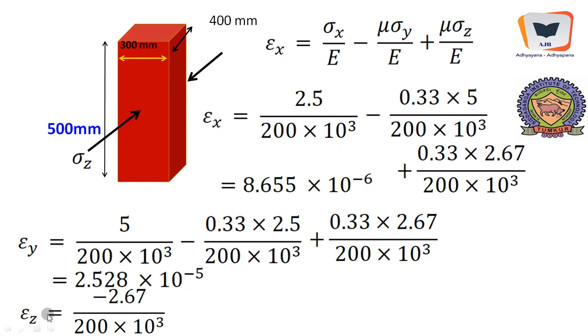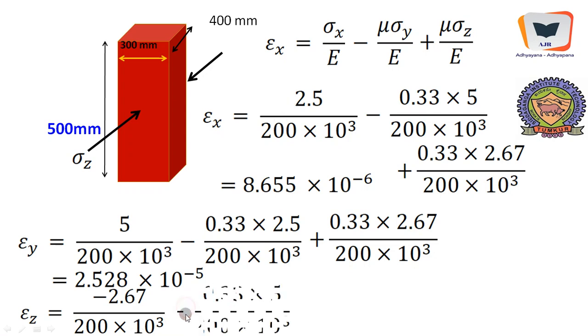In the same token, if you calculate for epsilon z, that is net strain along z, it is the primary strain along z. You can notice minus sign appearing because that leads to decrease in the dimensions along z direction, while the tensile stress over here acting vertically up will also contribute for the decrease in the direction, and the tensile stress acting along x, that is also for decrease in the dimensions along z.